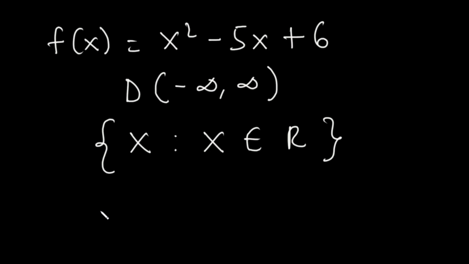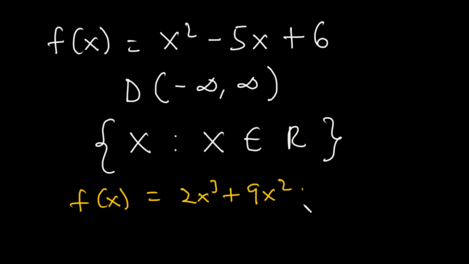Likewise, if you have a polynomial, say f of x is equal to 2x cubed plus 9x squared plus 7x minus 6, the domain is going to be the set of all real numbers from negative infinity to infinity, so that we can write it as x such that x is the set of all real numbers.